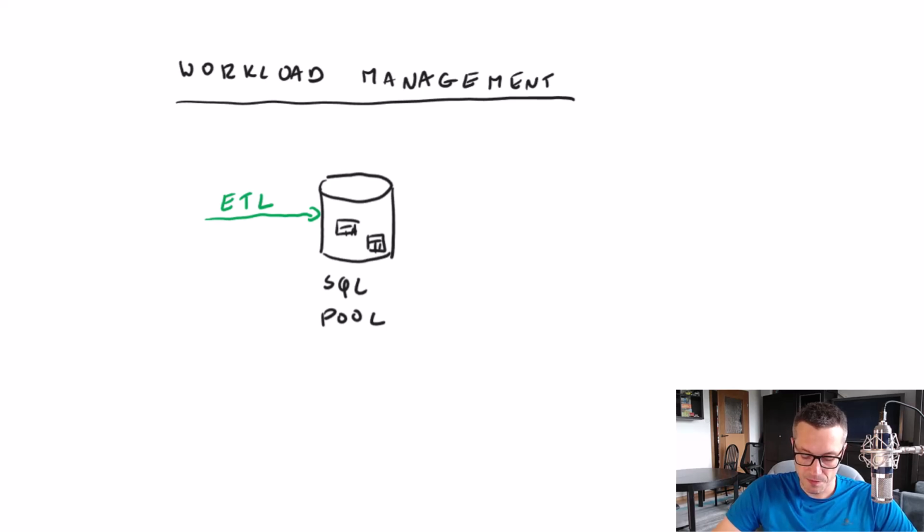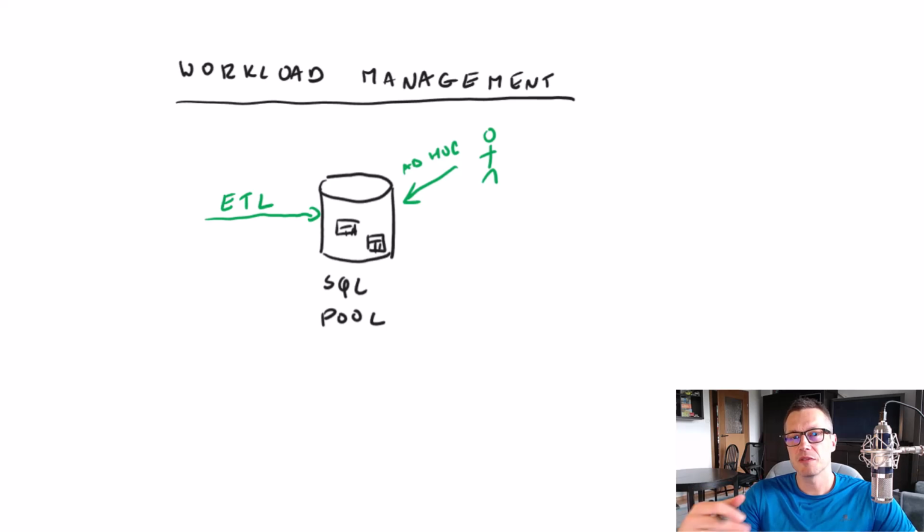At the same time, we might have some users that want to run some ad hoc queries, some analysis. That's what SQL Pool is used for, to provide data for analysis purposes. So ad hoc queries.